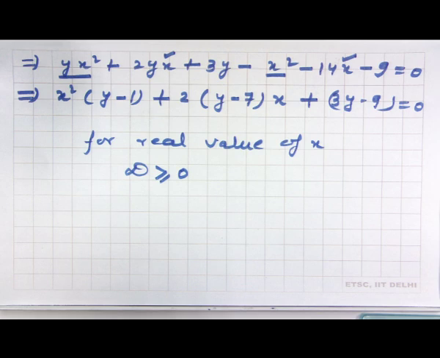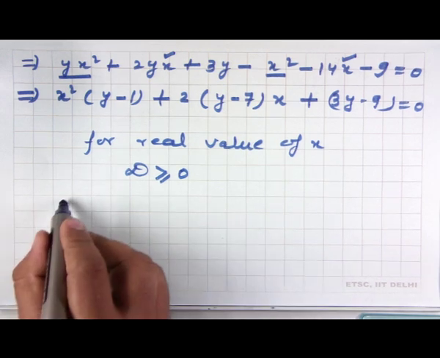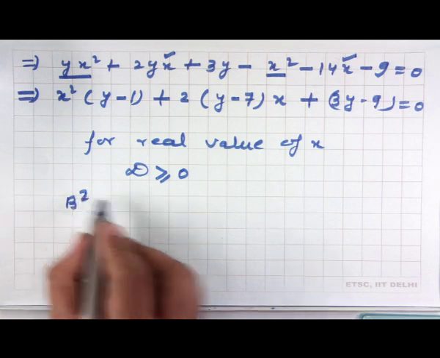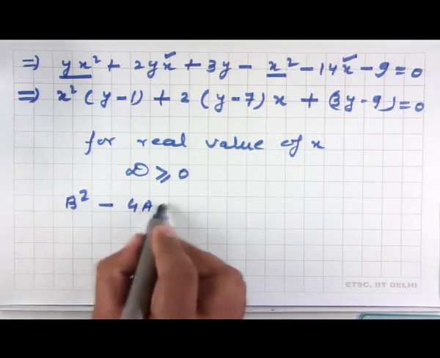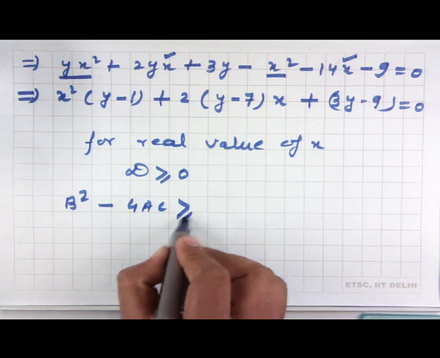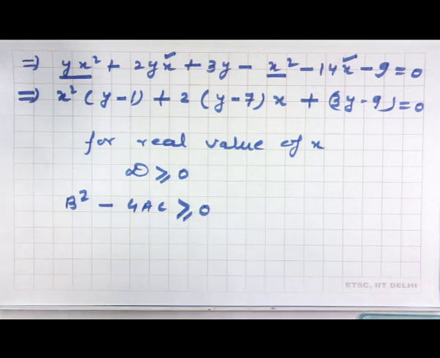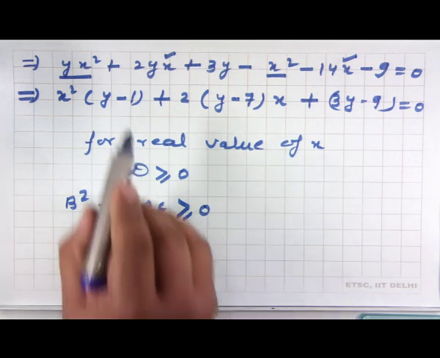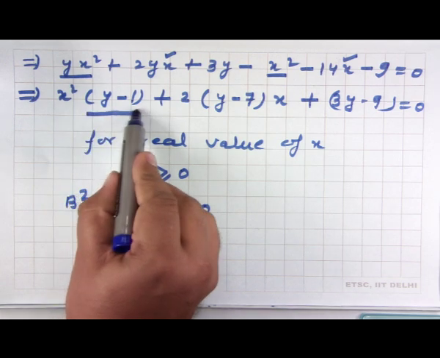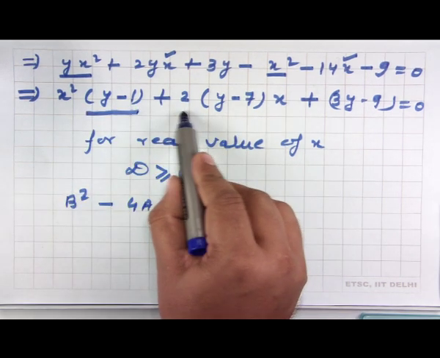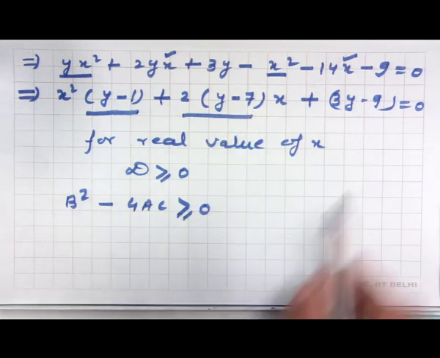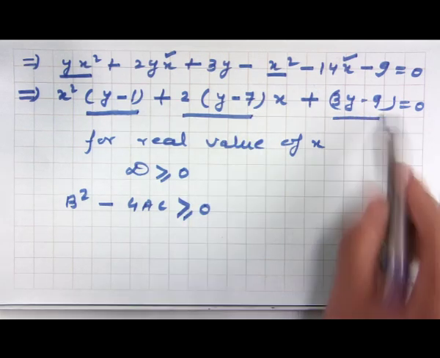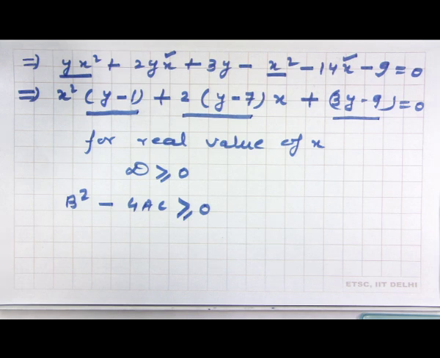The formula for discriminant is D = b² − 4ac, and b² − 4ac should be greater than or equal to 0. Here a is y − 1, b is 2y − 7, and c is 3y − 9. Now we shall put the values of a, b and c in this equation.